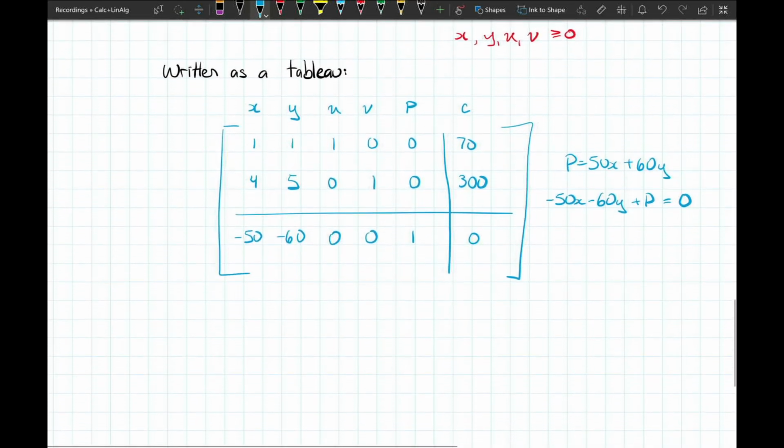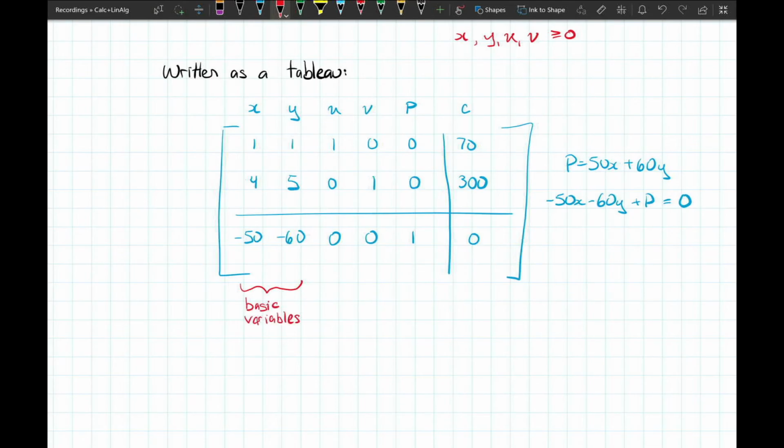So our x and our y, we will call these our basic variables. We also have our u and v next, and these are the slack variables. And u and v on their own don't necessarily show up in our objective function, but they will help us to determine the overall value of the objective and also determine how much of each constraint is actually being used.